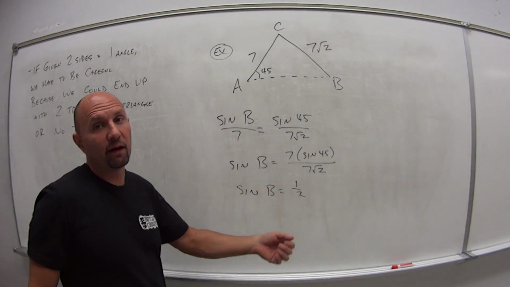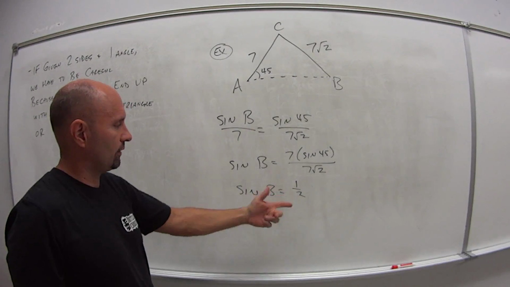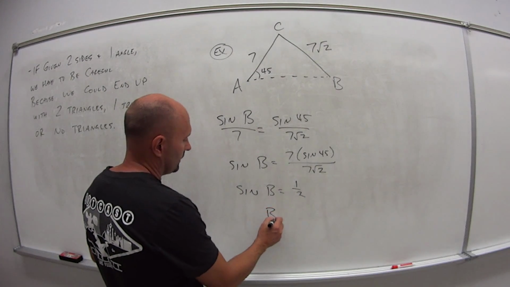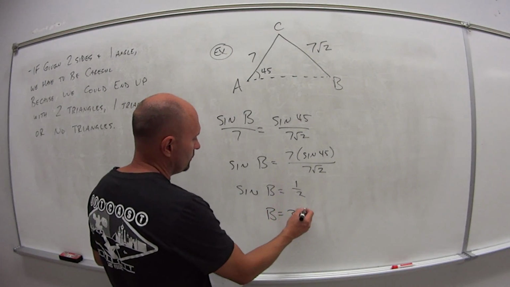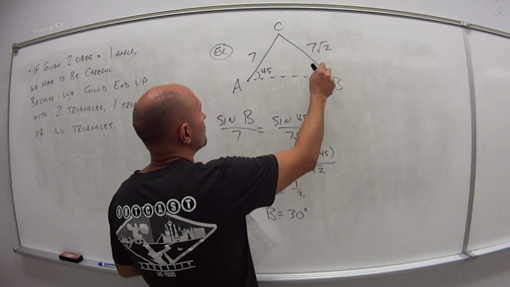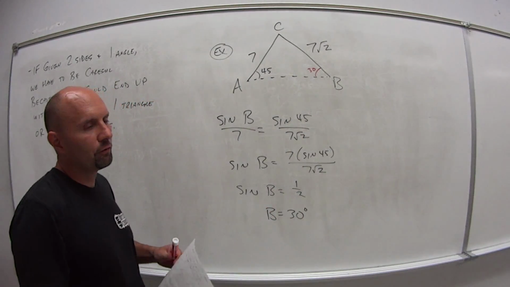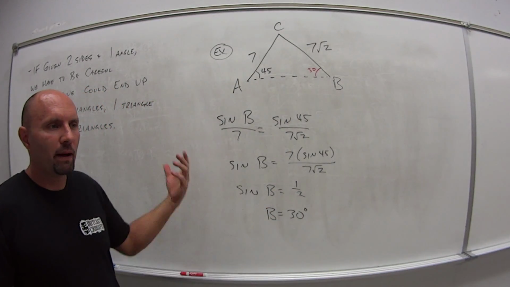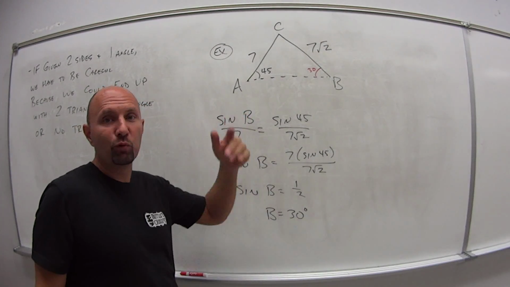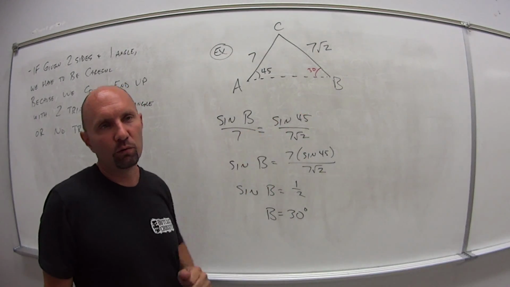Because this is a nice value, we can use our unit circle, or if you're using your calculator, you do your sine inverse function. It tells us B is equal to 30 degrees. If you remember back in 6.4, one of the questions said find the angles between 0 and 180 degrees that satisfy sine is equal to some value.